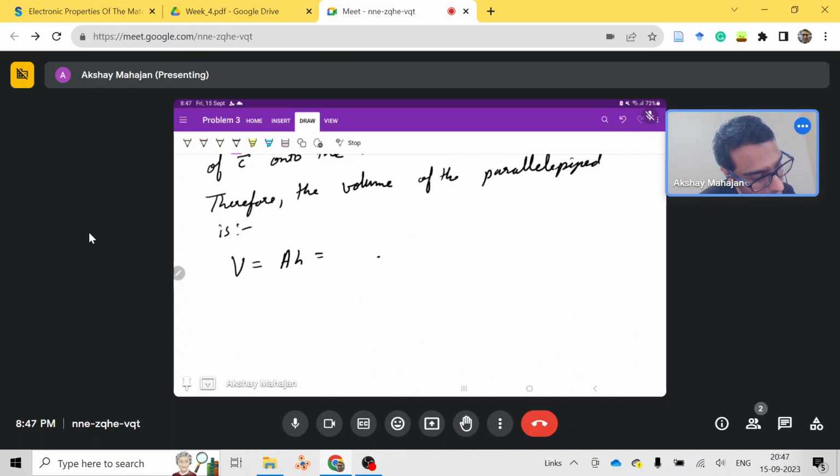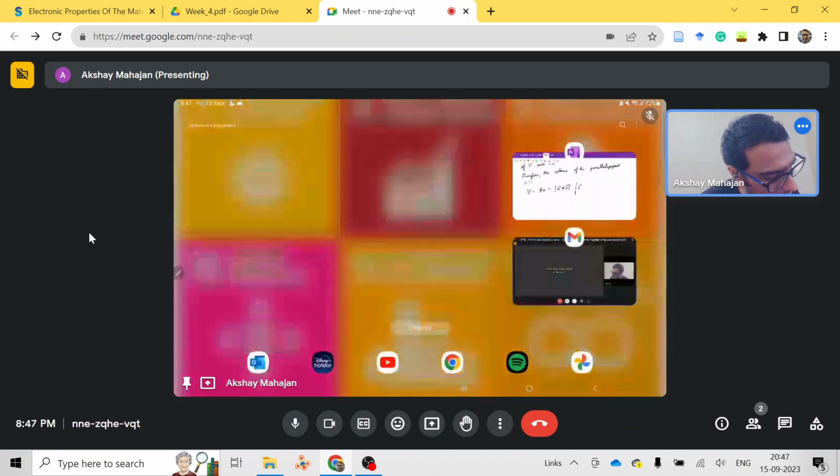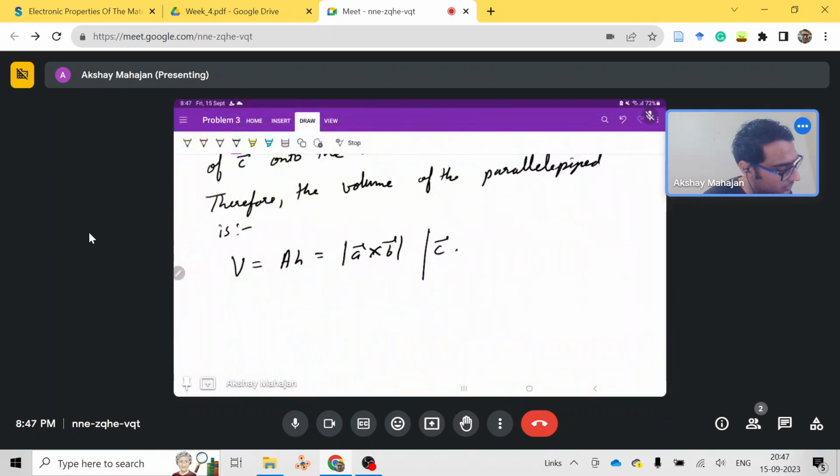What is A? A is mod of A vector cross B vector, and this h will be equal to C vector dot S vector, and S vector is basically A vector cross B vector divided by mod of A vector cross B vector. Right?